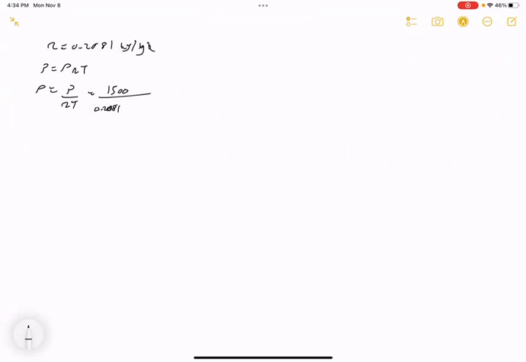So we go from 450, we go plus 273, and we get 723. And let's see what the density is. I am getting a density of 9.97 kilograms per meter cubed. Yeah, that's it, 9.97 kilograms per meter cubed.